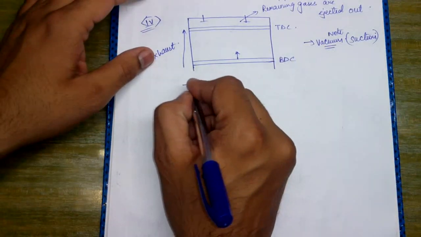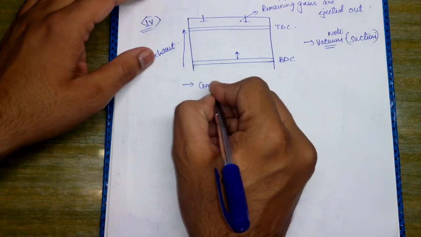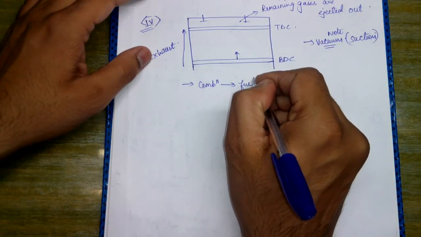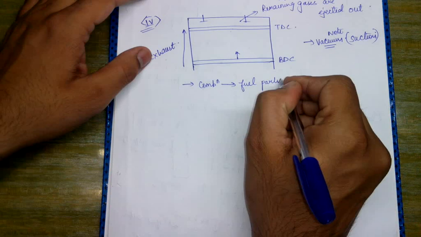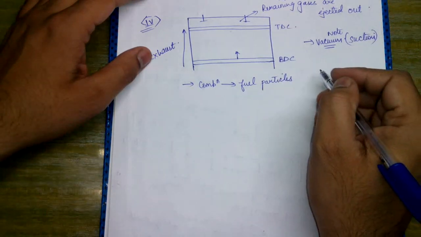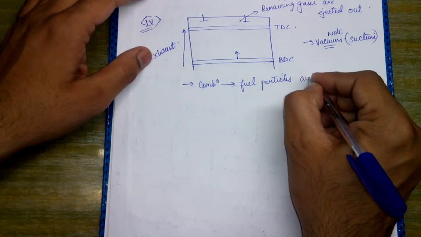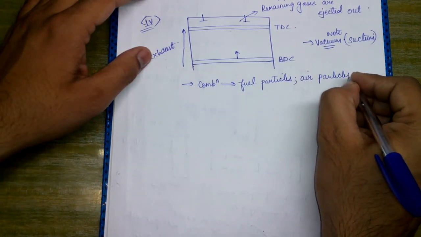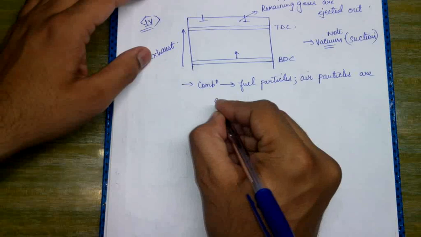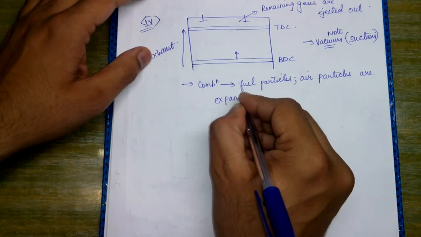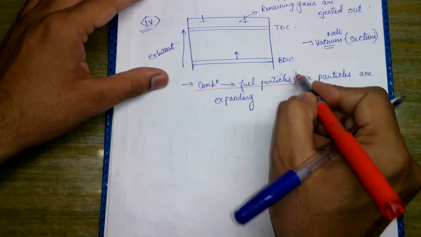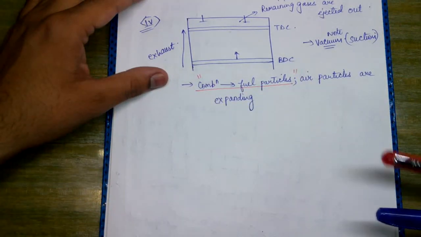Okay, and one important note point is when the combustion is taking place, the combustion is taking place only for the fuel particles, whereas air particles are expanding. Okay, they are actually expanding, but the combustion is taking place only for the fuel particles.